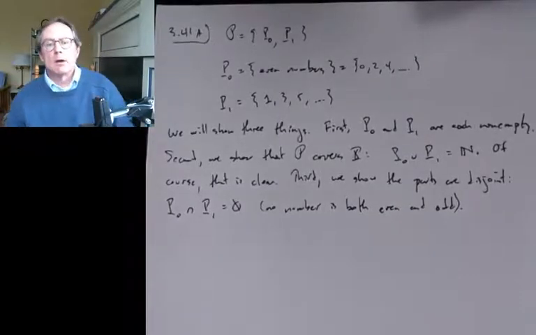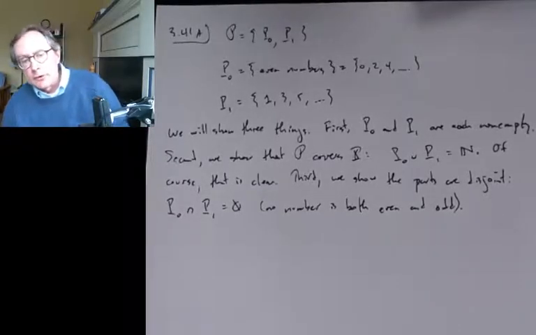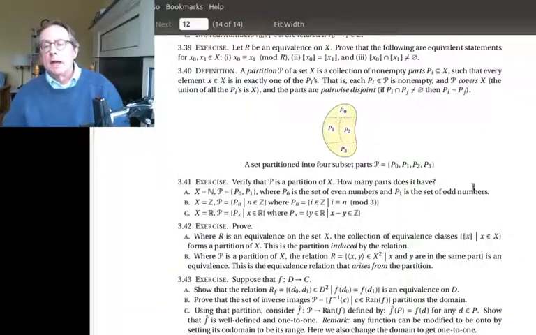Excuse me. Okay, so that was 3.41a. I'm going to ask you to do 3.41b for homework because it's related to the homework that you just did. And then the last one that I want to talk about is 3.41c. So let me, too many windows.